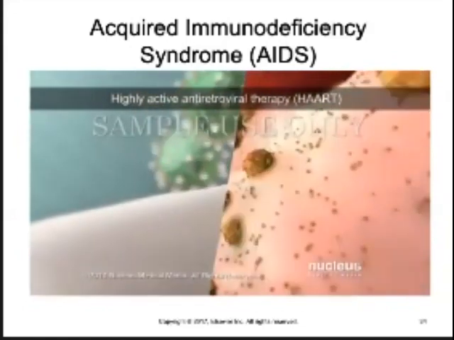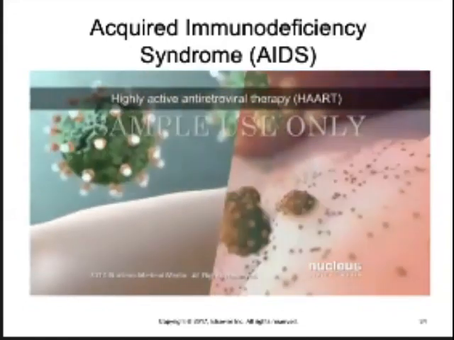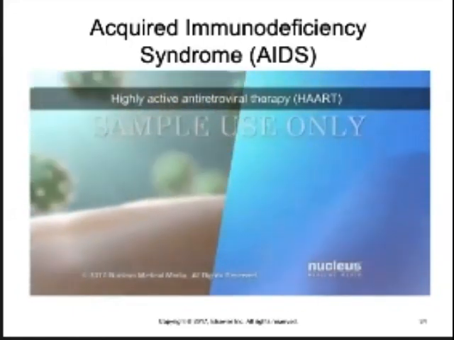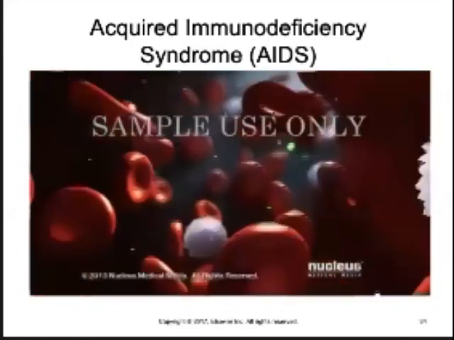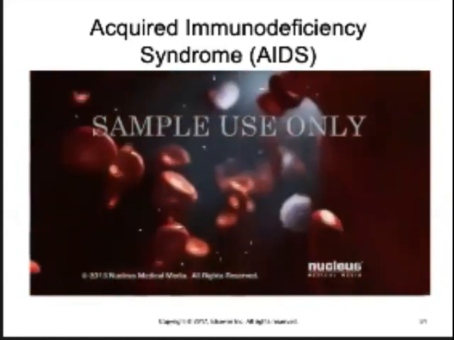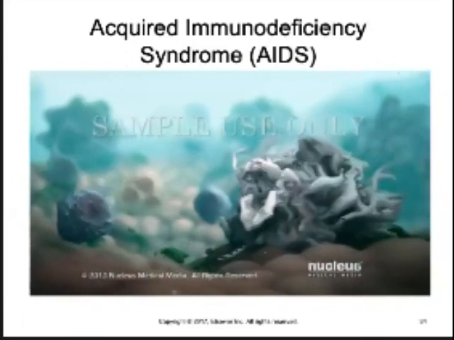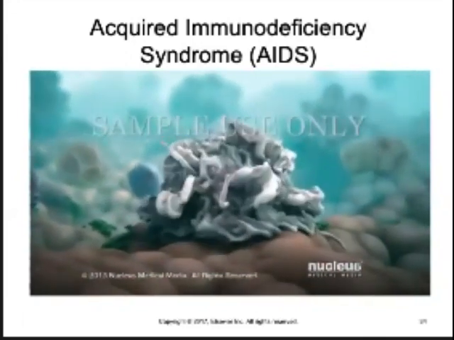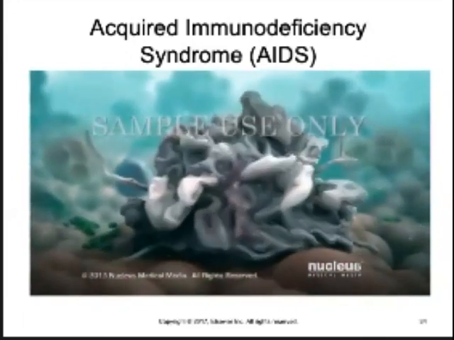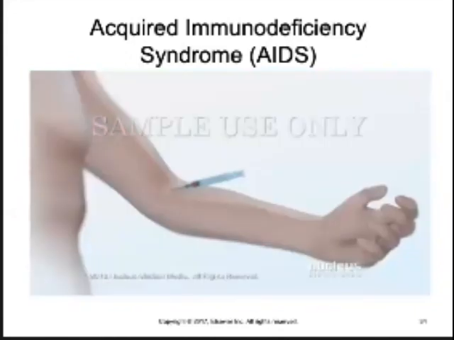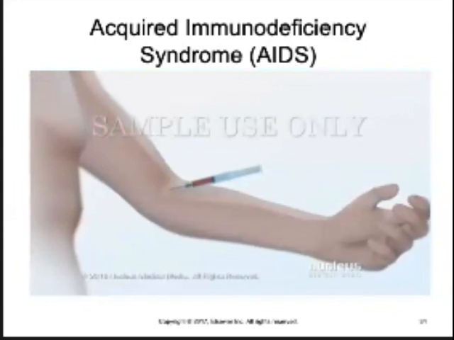Your doctor may prescribe a combination of these drug classes known as highly active antiretroviral therapy, or HAART. Antiretroviral medication doesn't completely remove HIV from your body, but slows it down enough to enable your immune system to fight infections. Regular blood tests will let your doctor know how effective your antiretroviral medication is in controlling HIV.